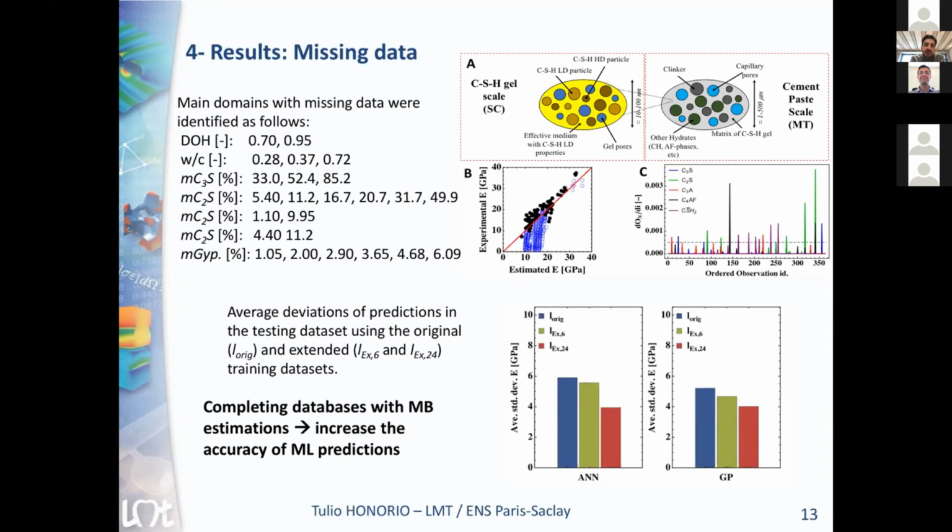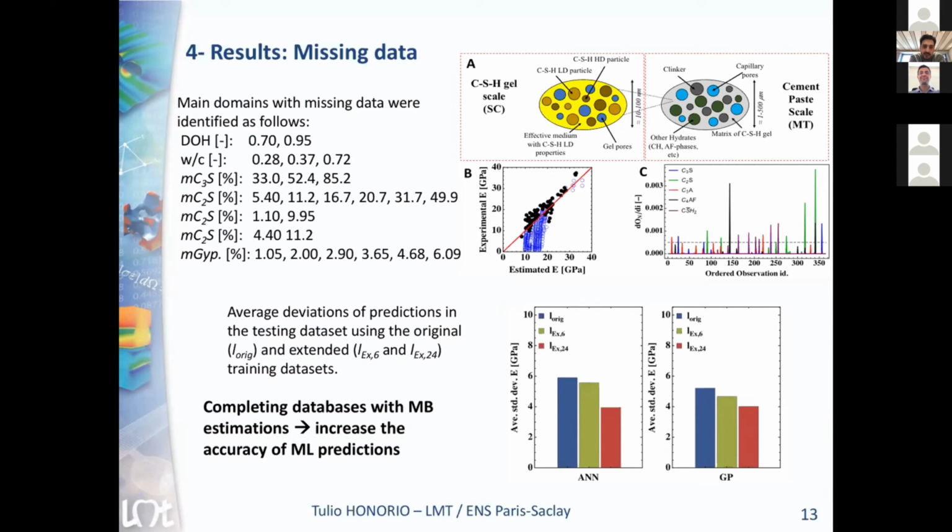We have here 7 inputs, and we see where are the zones in which two points are the farthest from each other. So with this approach, the values that are listed here at the left are the points in the middle of the zone in which we have missing data.